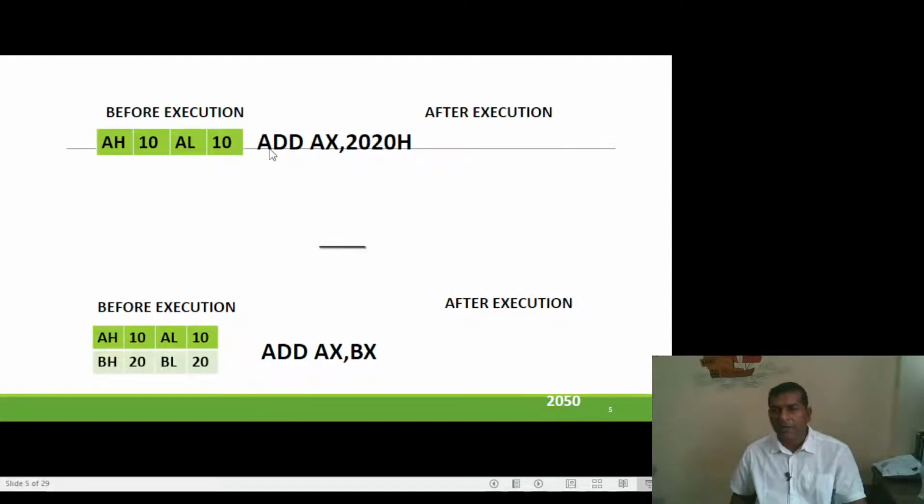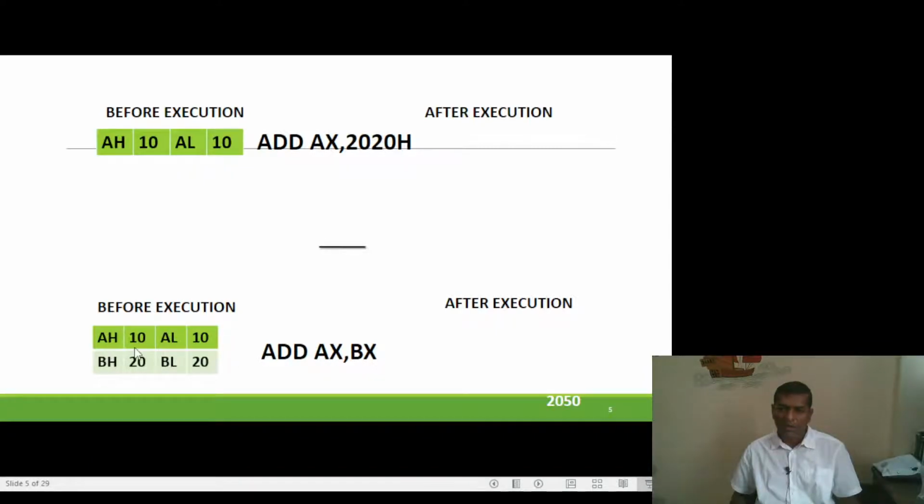As far as the first instruction is considered, ADD AX, 2020: AH will contain 10 and AL will contain 10, so these are the contents of AX. Then 1010 will be added to 2020 and the result will be stored in AX. The second instruction is ADD AX, BX.